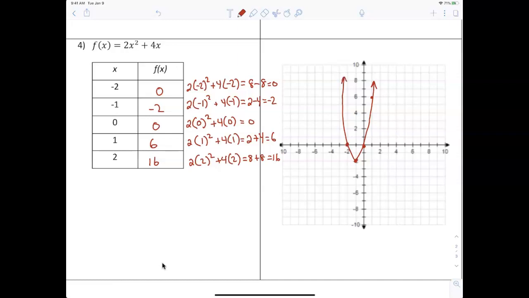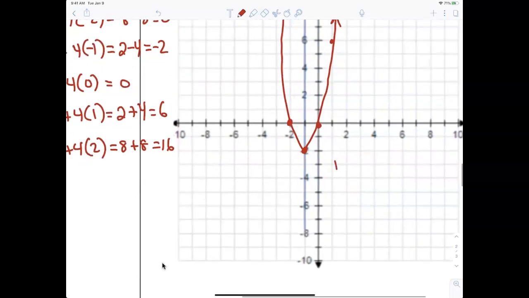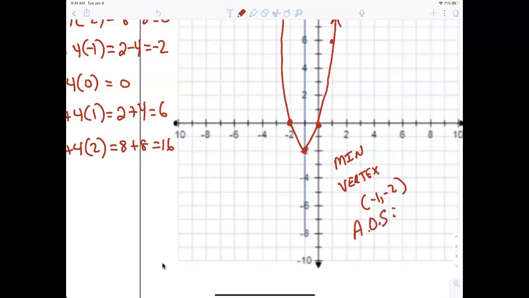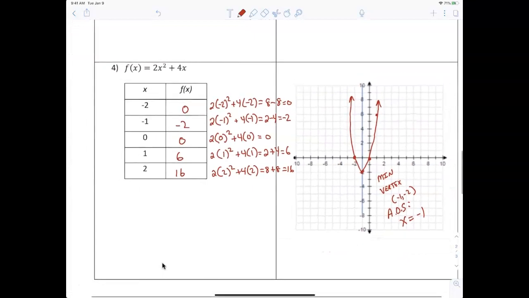Now it appears like this guy right here is the vertex. So that, I want you to remember, is called a minimum. The vertex looks to me like (-1, -2), and the axis of symmetry is always easy. It's just x equals whatever the x value of the vertex is. x equals negative 1. Hopefully that was okay for you.